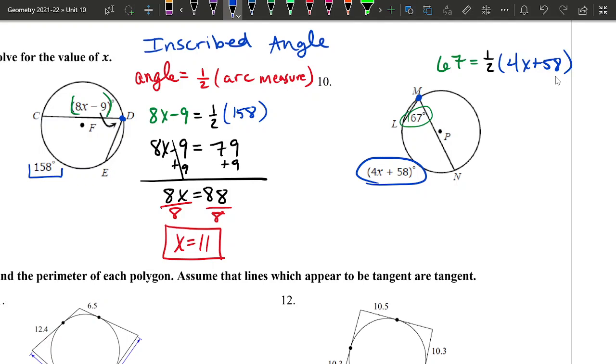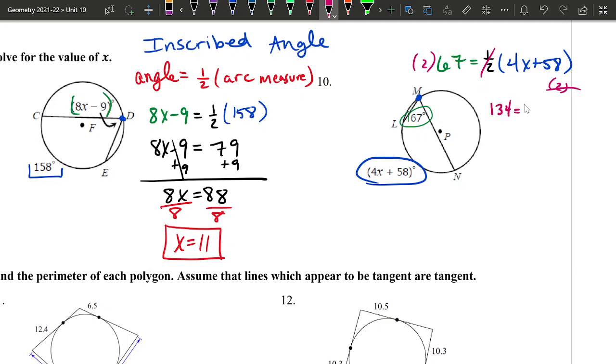All right, so I can do two different things here. I can either distribute the 1/2 into the parentheses, or I can multiply by 2 to cancel it out. I'm going to go with multiply by 2 to cancel it, but you can do whichever way you prefer. So I'm going to say times 2, then the 1/2 and the 2 cancel, and times 2 over here. Two times 67 is 134.